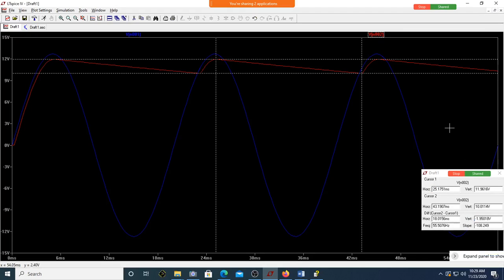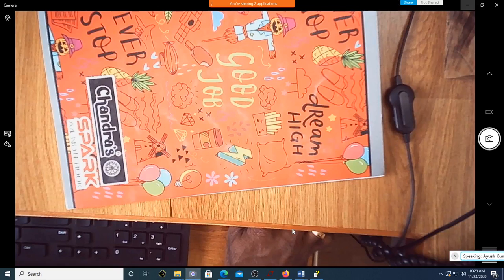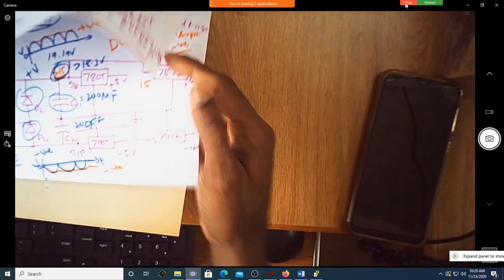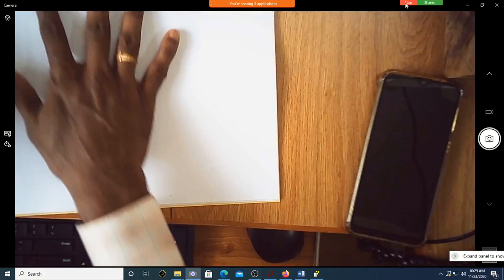Of course, you can verify theoretically how much you'll get. So how much will be the theoretical difference you're supposed to get? We know the expression for the ripple voltage for a half-wave rectifier.